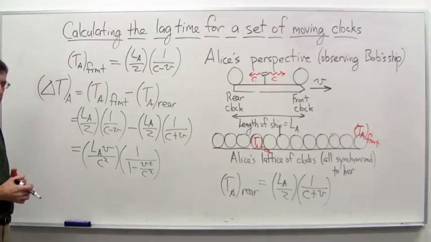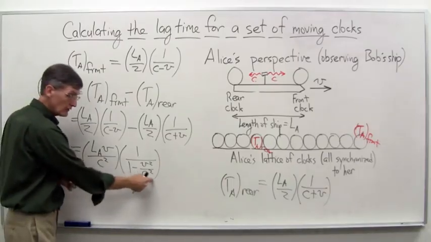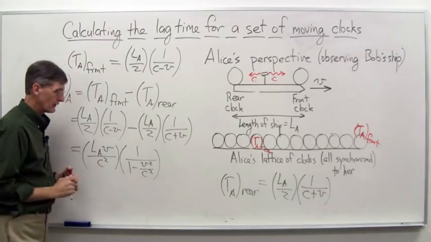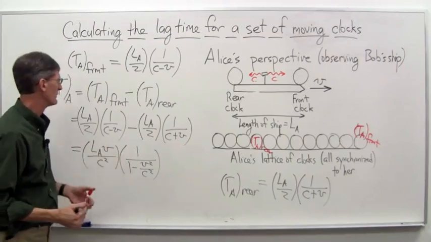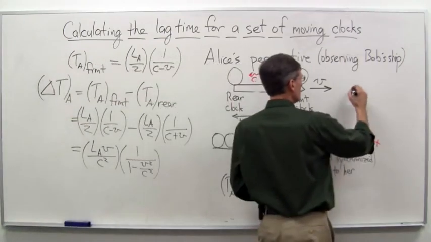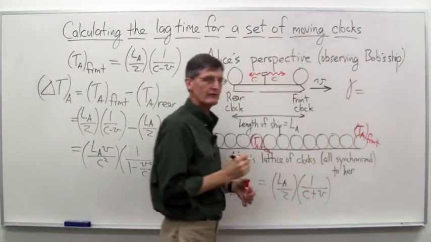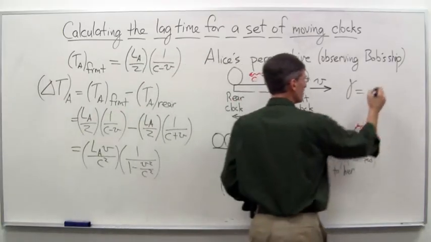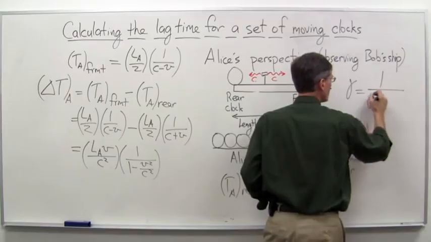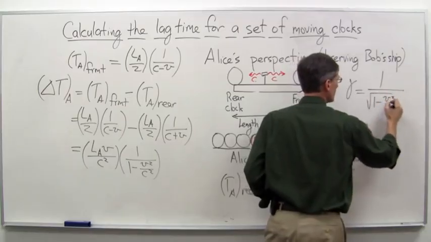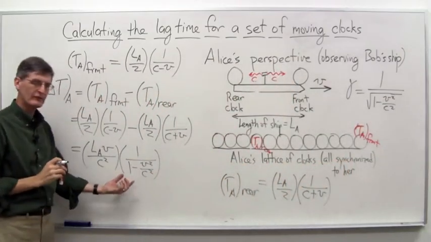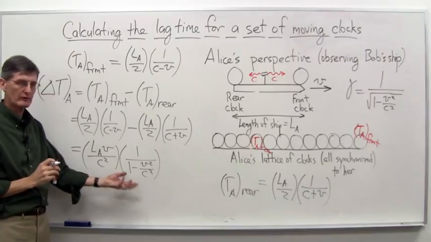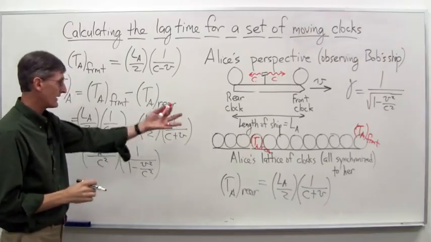And you look at that a little bit and hopefully this term reminds us of something. In fact, that is simply gamma squared. We'll write it over here, though you should have this in your brains by now: gamma is 1 over the square root of 1 minus V squared over C squared. In fact, that's why we put it in this form, with the 1 minus V squared over C squared in the denominator. So that's gamma.